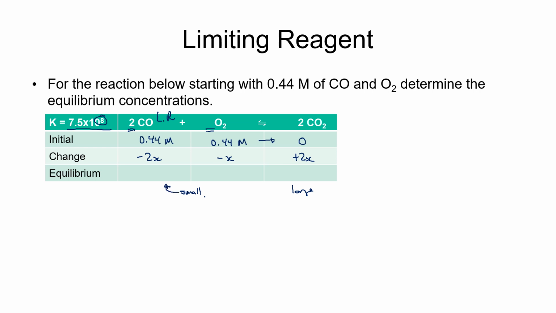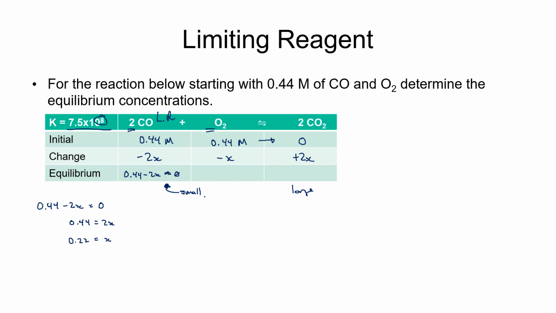So really, it's only this guy that's the small one. And so we got 0.44 minus 2x approximately equals 0. We can use that to solve for the x and work out what the other two are. So we'll take our 0.44 minus 2x equals 0, and 0.44 equals 2x, and that means 0.22 is x.